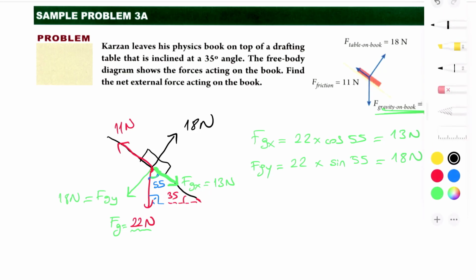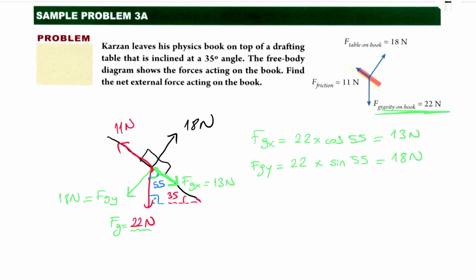Here, if you can see it, Fgy and this force are opposite to each other, so we have to subtract them. In this case, they carry the same value, 18 and 18, so if we subtract them, we will obtain 0 in this direction. And in this component, we have two forces.